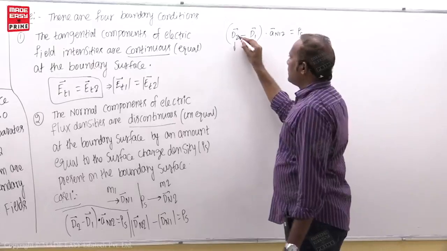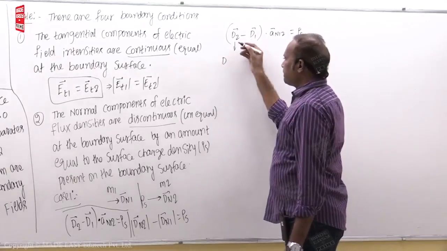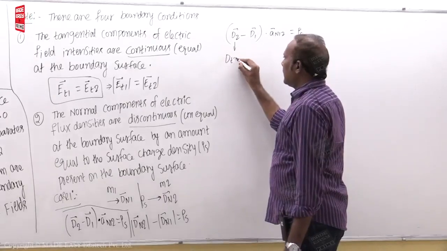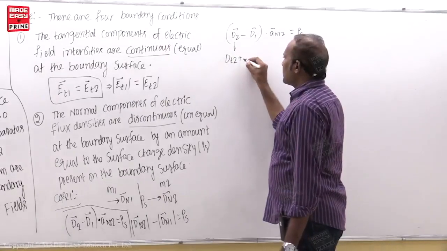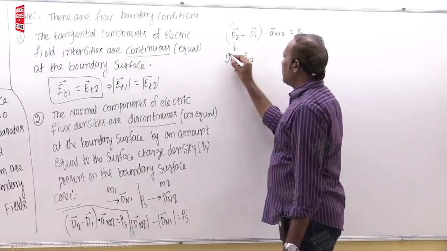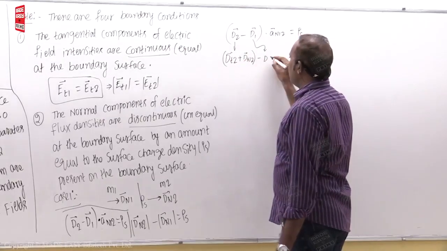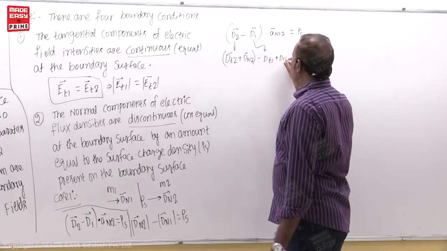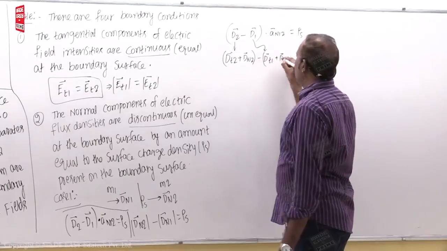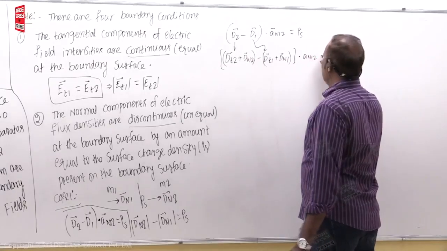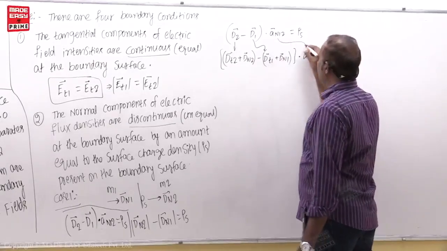I am telling this D2 bar is nothing but DT2 plus DN2 bar, minus of this one has DT1 plus DN1 bar, dot product with AN12 is equal to rho s, like this, no?